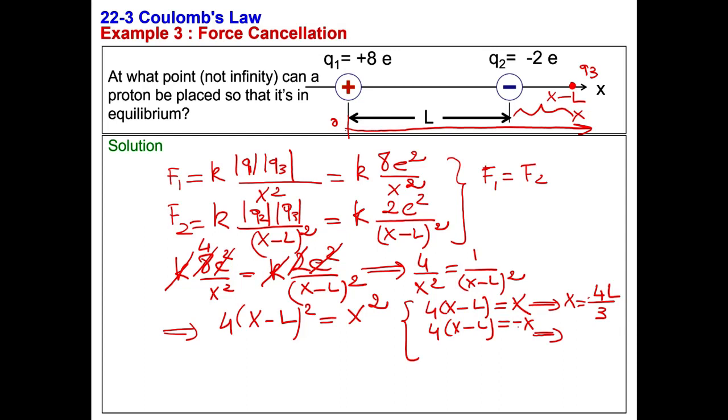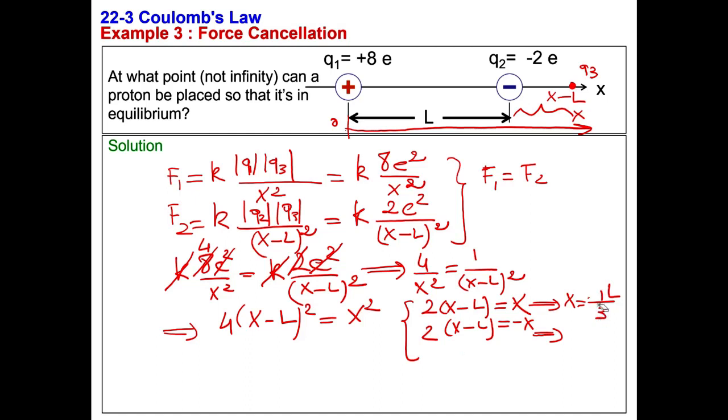And here, 4x plus x, that's, let's see. Did we forget something here? Oh, so 2 here. This should be 2. We took the square root of both sides, so this has to be 2.